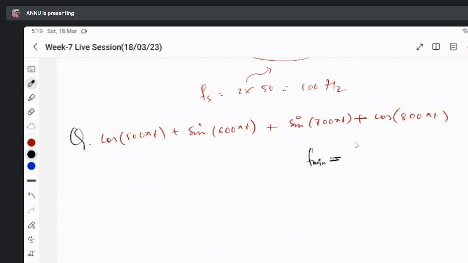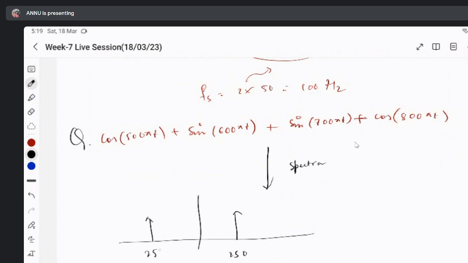I think, sir, for the bandwidth, first we have to make the spectra, right? Yes, let's make it. What is the spectra of this? This will have 250, 250, then 1 by 2, 1 by 2. Sine will have 1 by 2, minus 1 by 2.